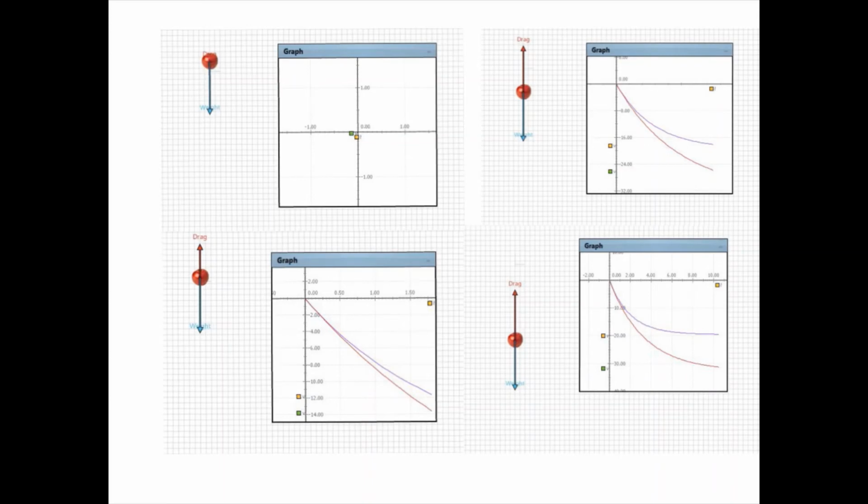The difference being the drag factor, which you can change in the model. By working in a modelling environment, you can try the different representations of drag, the AV squared or the RV model, and you can produce predictions from your model, which you can then compare with experimental results.